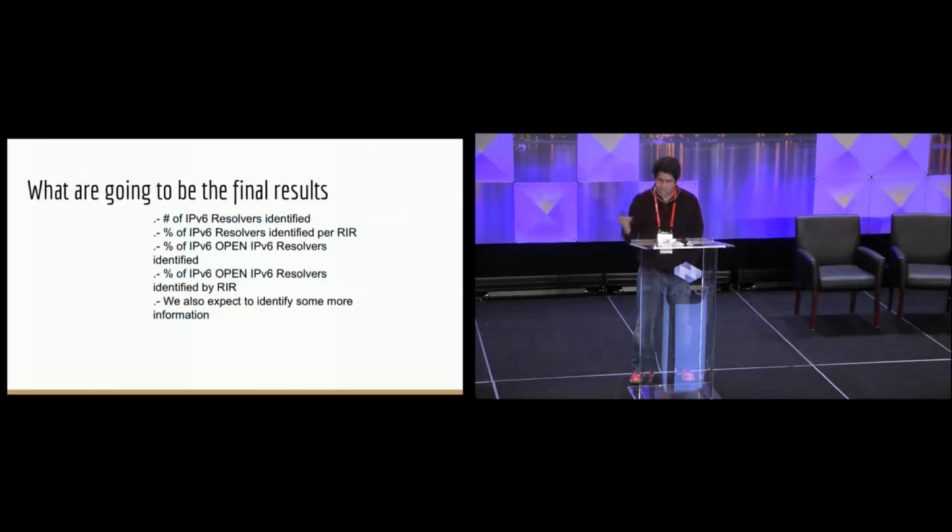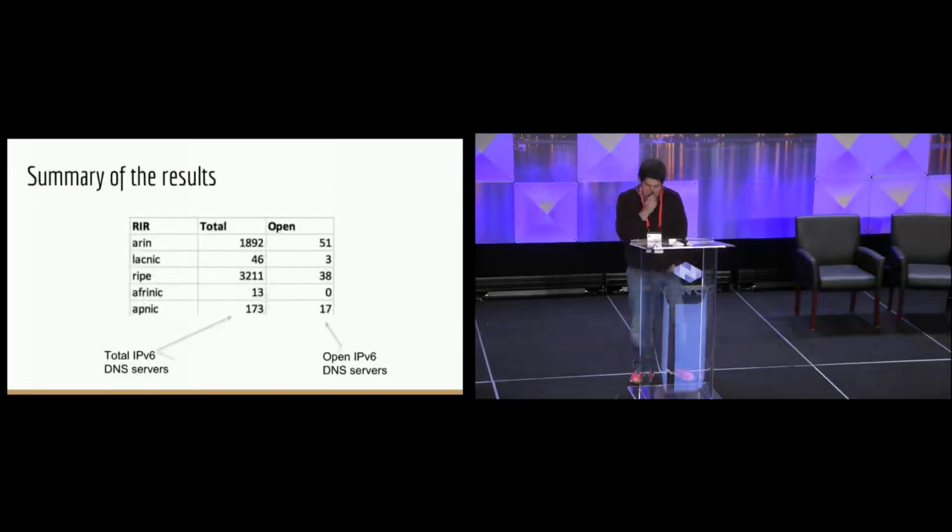I'm going to skip this slide since I'm going to show most of these results. Okay, there is a summary. Maybe this slide is interesting. You can see by RIR the total of IPv6 DNS servers that we have identified. For ARIN, let's talk only about the first line, we have identified almost 2,000 IPv6 DNS servers.